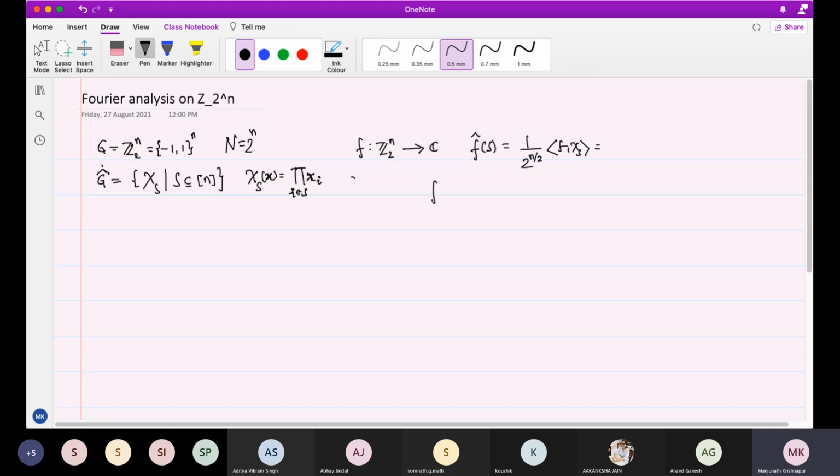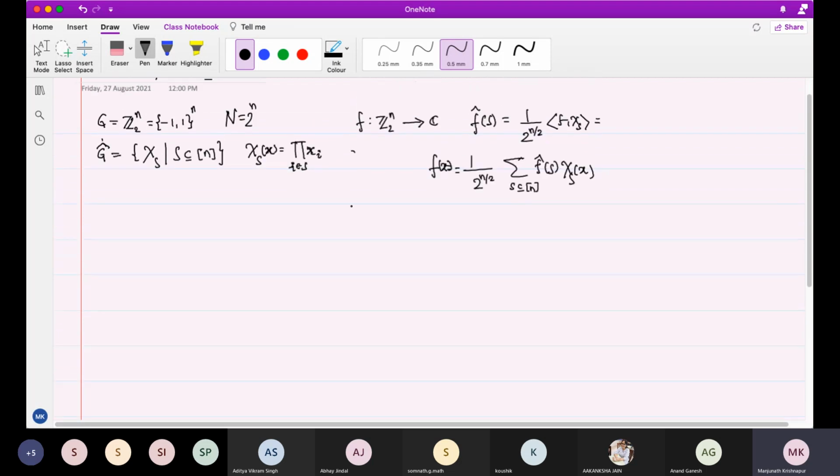And then you can write f(x) as 1 over the square root of the size of the group times the sum of f hat of S times chi S of x, over subsets S of n.